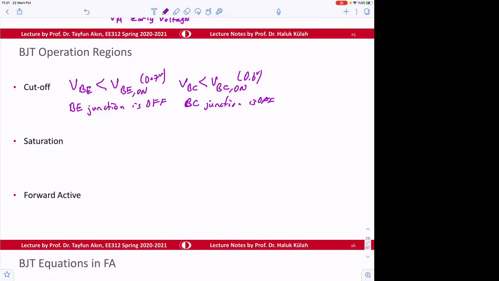So therefore, for this device, both junctions are going to be off. So collector, base, and emitter. We can look at this device like this: basically, a diode junction and this diode junction, they are both off. Okay, this is off. This is off.